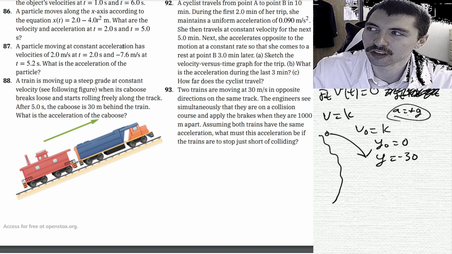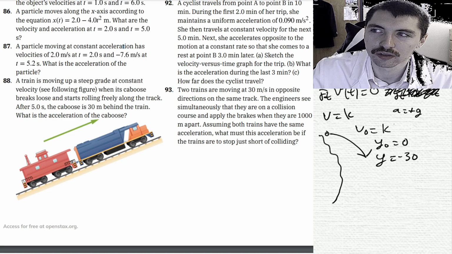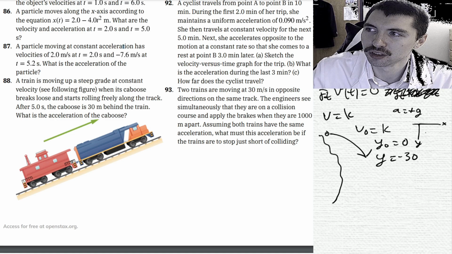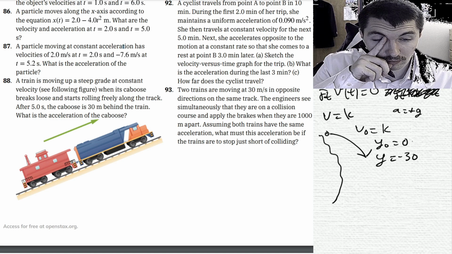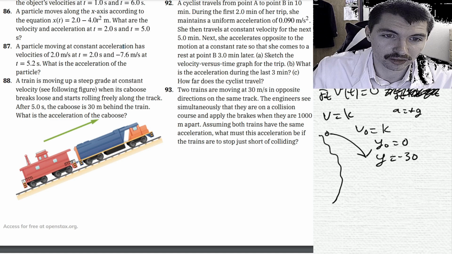Double check yourself that this is true when we're going below the x-axis. Okay, so y is negative 30. We want to know the acceleration of the carriage.